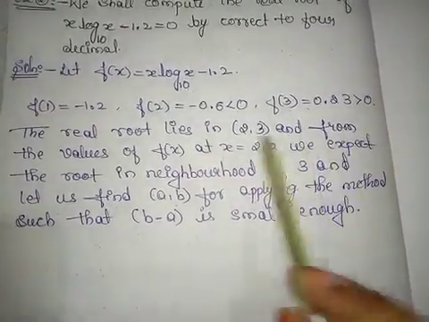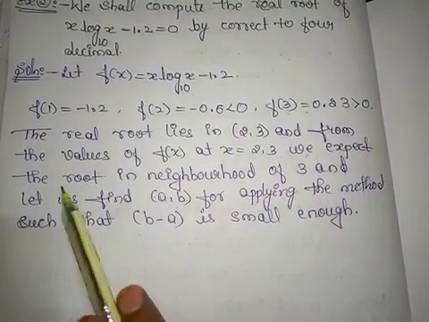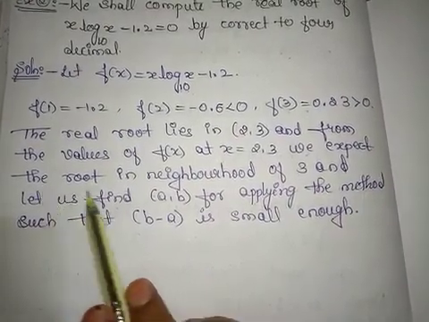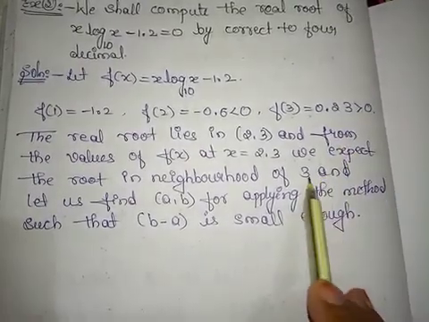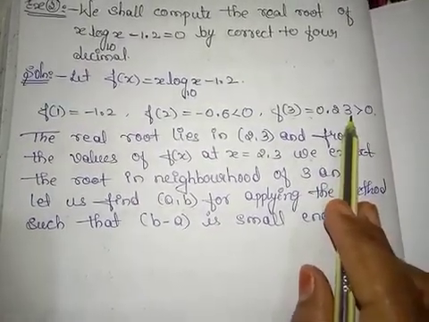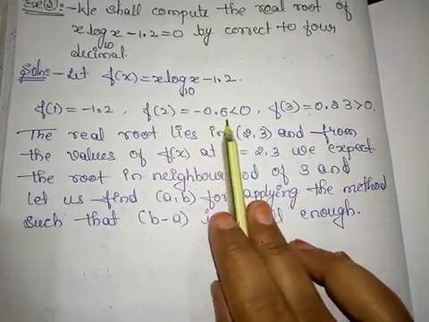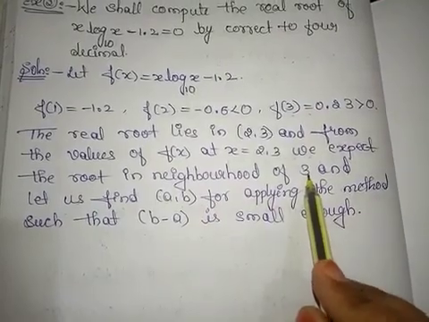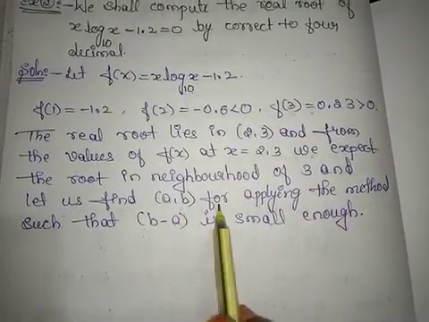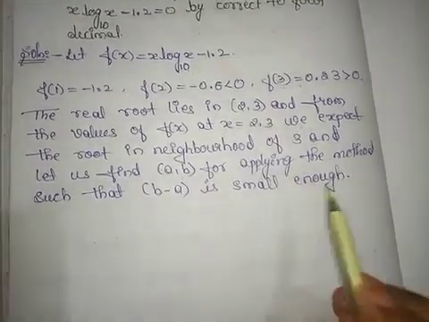From the values of f of x at x equal to 2 and 3, we expect the root in the neighborhood of 3, because 0.23 is near to 0 as compared to minus 0.2. So we expect the root in the neighborhood of 3. And let us find a, b for applying the method such that b minus a is small enough.